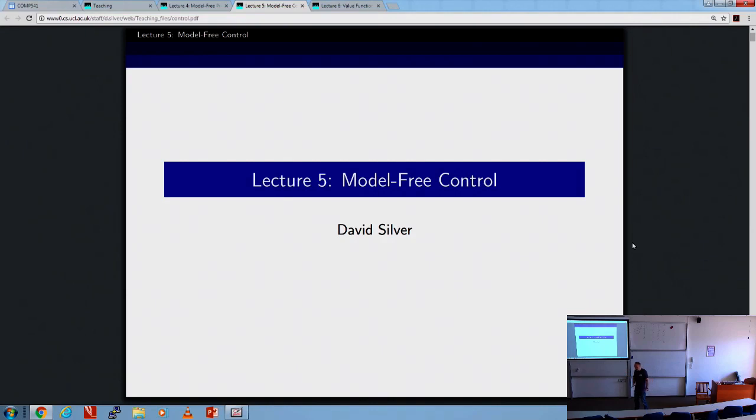That was policy iteration. And what was value iteration? Value iteration is basically you start with a zero value function, and then you use the Bellman optimality equation updates to update this function slowly toward the optimal value function. So those were the two ideas from the first lecture.